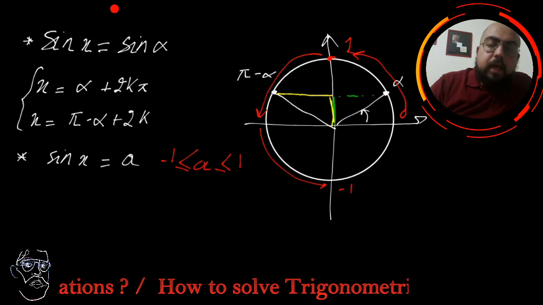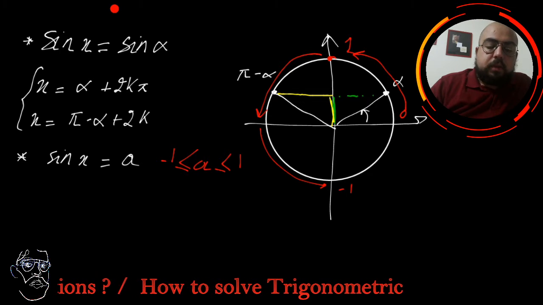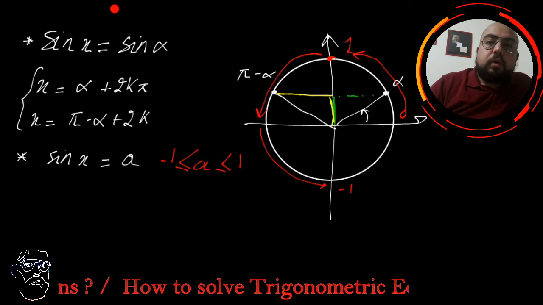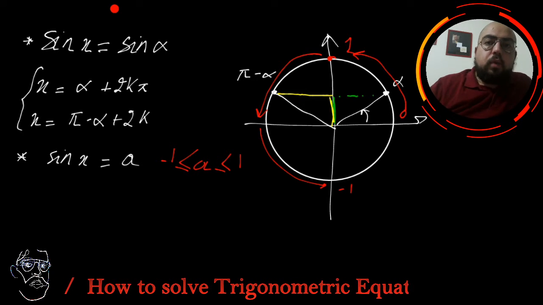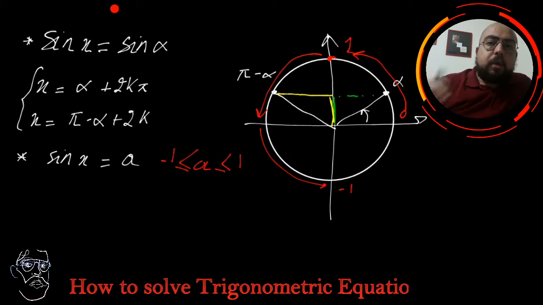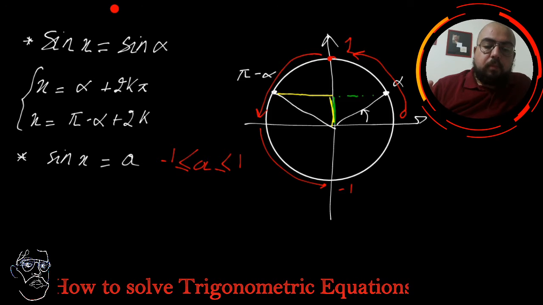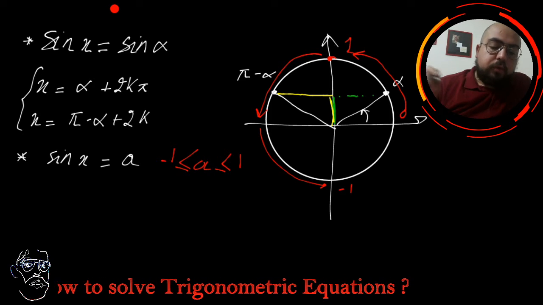That's why a, the constant, which is equal to sine of a certain angle, should be between -1 and 1. I cannot have less than -1 or greater than 1, so you should pay attention to a.